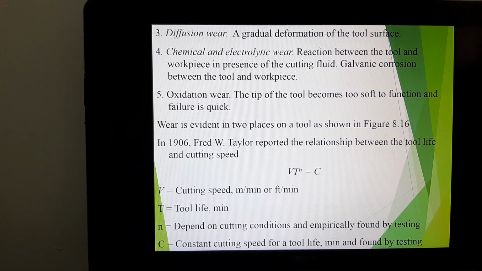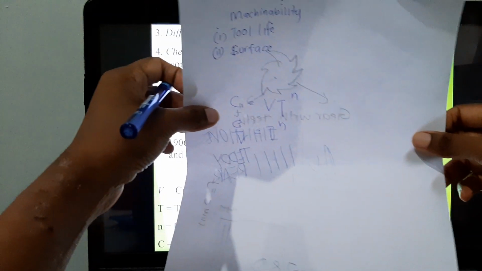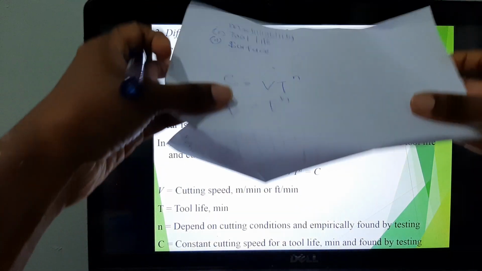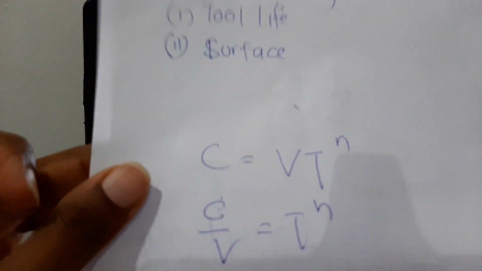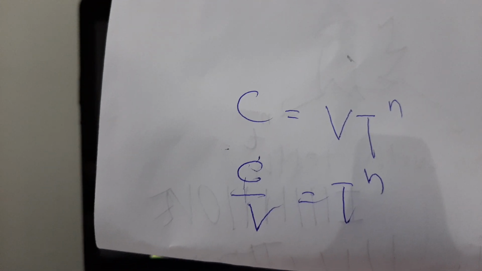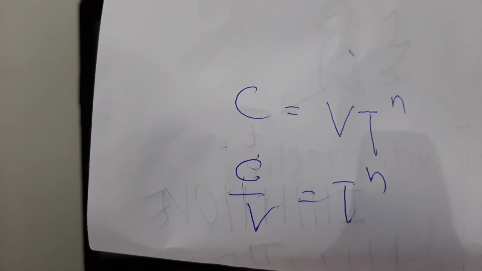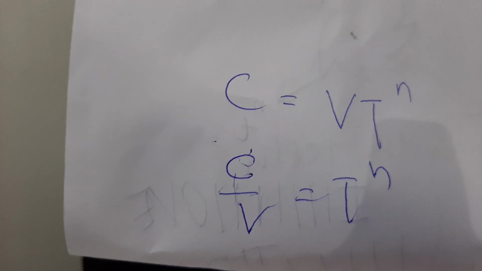So what is the relationship between cutting speed and tool life? If you look at it, C = VT^n, so C over V equals T^n, meaning that T is inversely proportional to cutting speed.